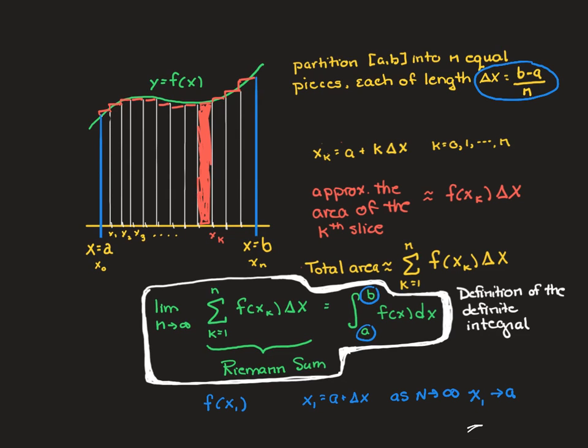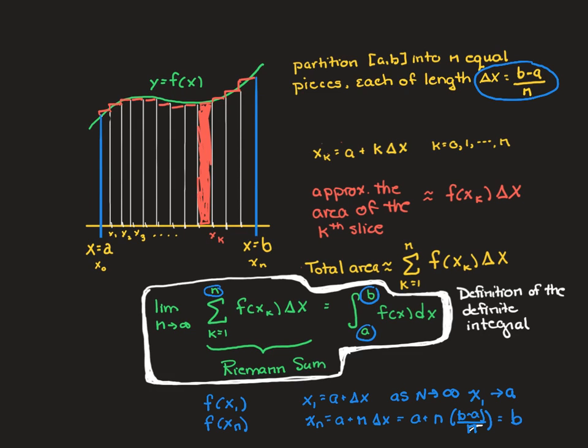And the last x that we use is f of x sub n. So x sub n is a plus n delta x, which is a plus n times (b minus a) over n, equals a plus b minus a, equals b.